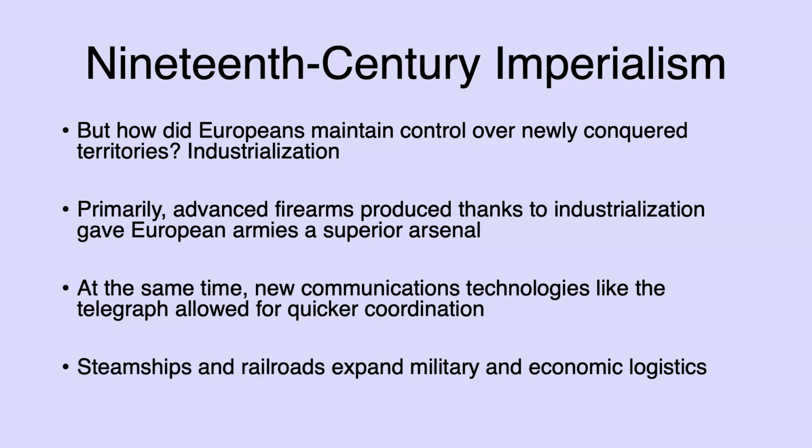Finally, we have steamships and railroads really expanding military and economic logistics, building into that idea that industrialization is the key factor for how Europeans maintain control over newly conquered territories.